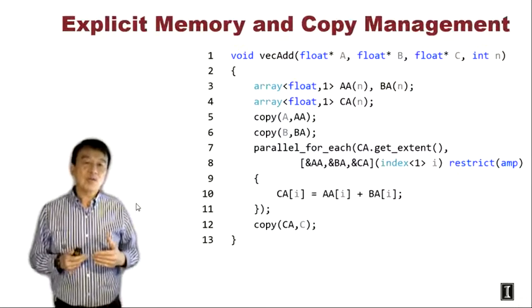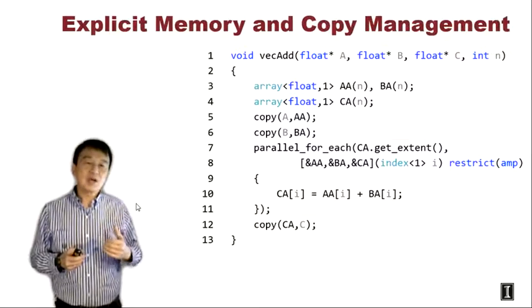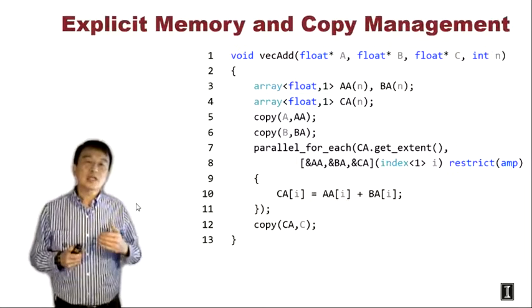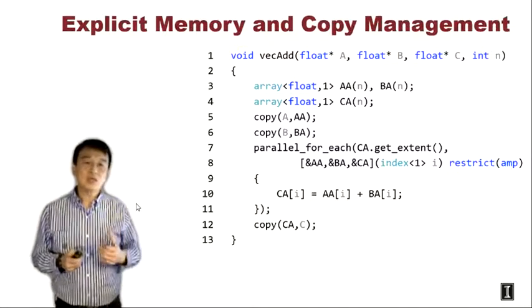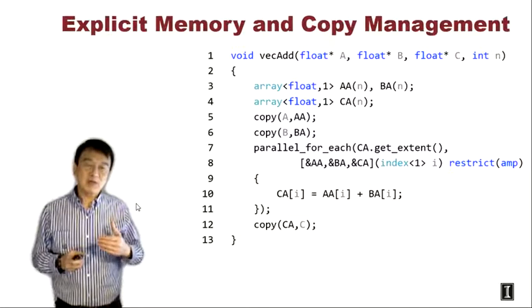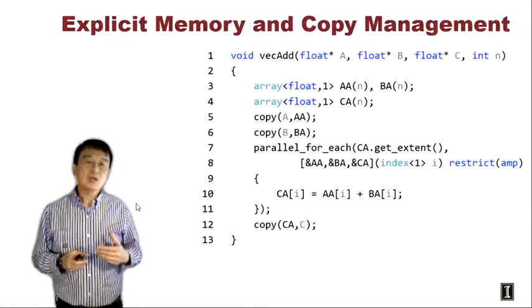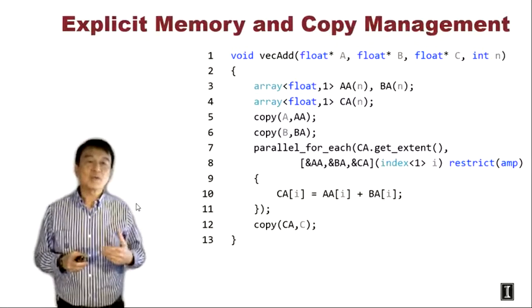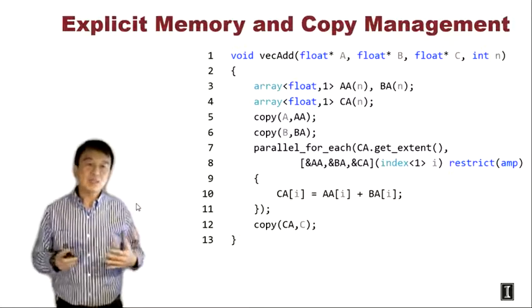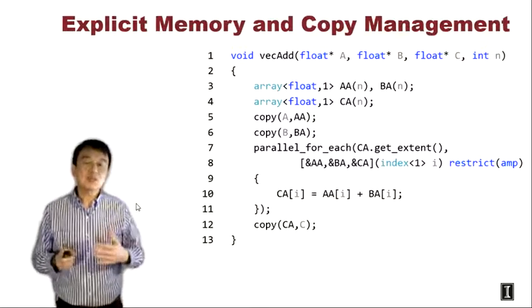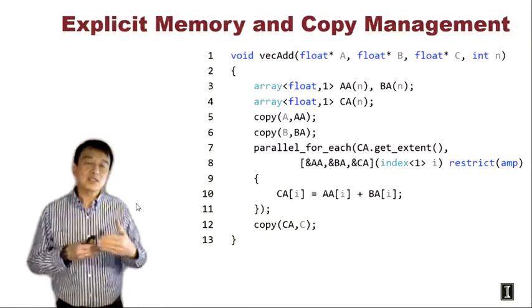If you use array view, then in the parallel for each construct, the compiler will automatically generate the device memory allocation and copy for you. And this will make your code more future-proof as well, because there are more and more fusion-style devices where the CPU and GPU actually share the same physical memory.